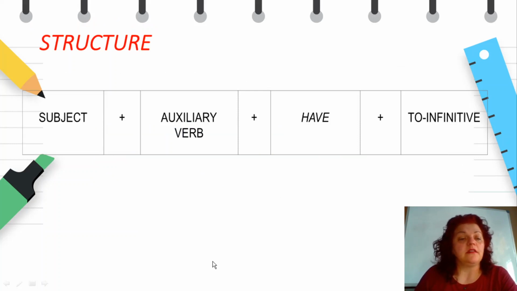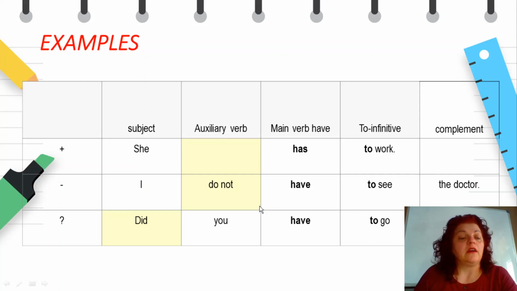Okay, let's see the structure. The main point: subject plus auxiliary verb plus have plus to infinitive. So this is the formula or the structure. Here are some examples which are very useful to learn. In affirmative sentences, like she has to work.